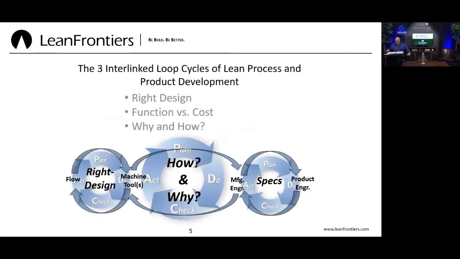Okay, so to dive into these learning loops, these feedback loops I have here, look at the first one, right design. We're going to talk about this one more as we roll forward as well. By right design, this particular one is really the physical process that you're building: the equipment, the machines.